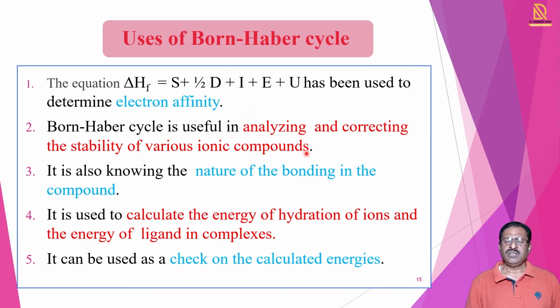This Born-Haber cycle is useful for analyzing and comparing the stability of various ionic compounds. Again, this cycle is also used to know the nature of bonding in the compound. Then it is used to calculate the energy of hydration of ions and the energy of ligands in complexes. It is also used to check the calculated energies. So these are some uses of the Born-Haber cycle.